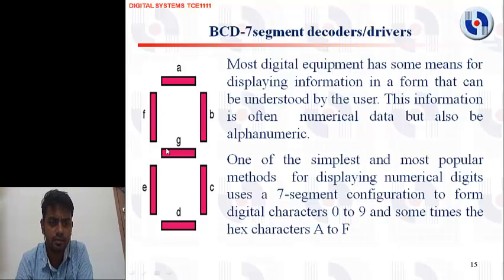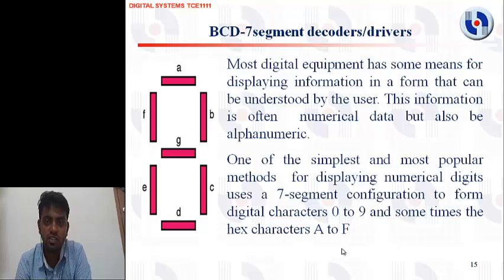Here we can see A, F, B, G, E, D, C. These are the single LEDs which are arranged in a particular manner, which show whatever the required outputs. Means if we want the output in numerical data, then the arrangement is done like this. And if we want, we can take hexadecimal data also, like A to F we can get.